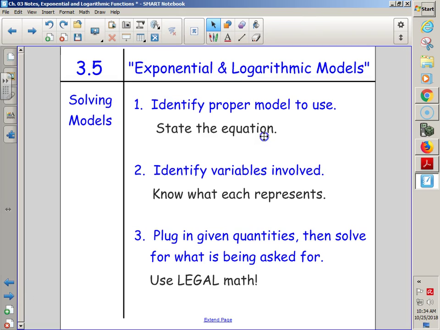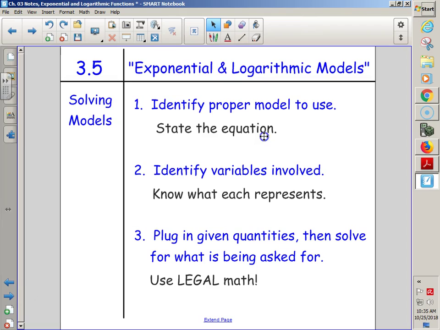If the question is a big old paragraph word problem, they'll probably give you the equation. If the problem is in a table or a chart or a graph, you're probably going to have to figure out the equation yourself.